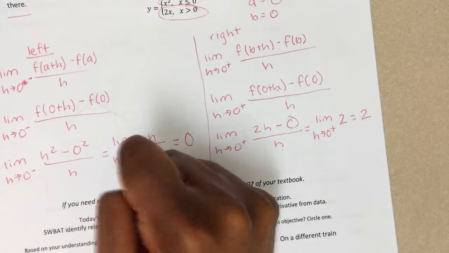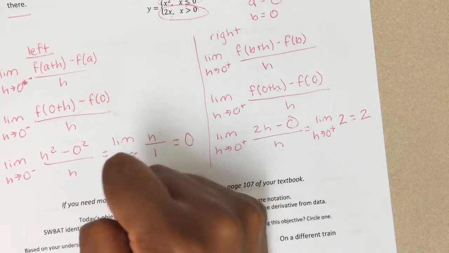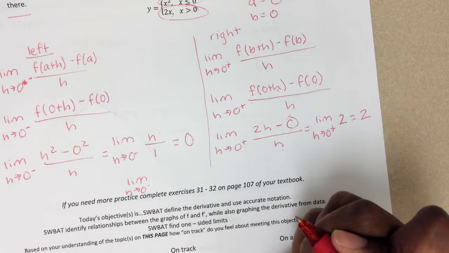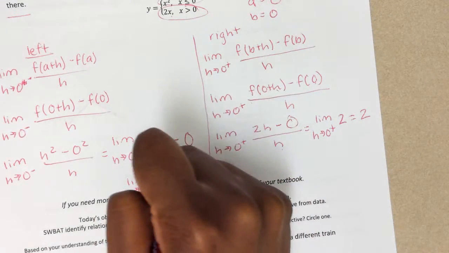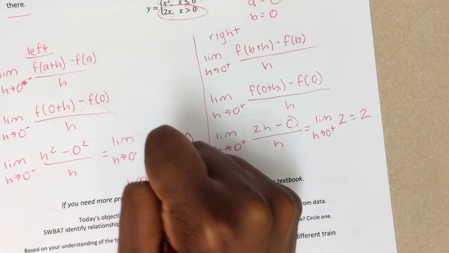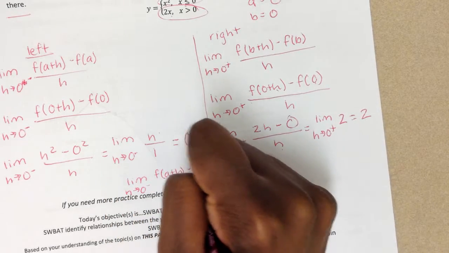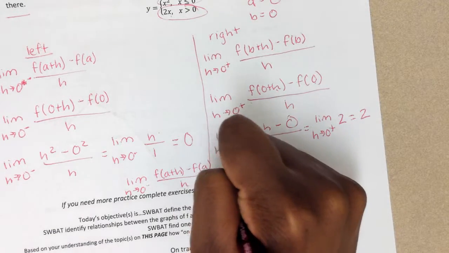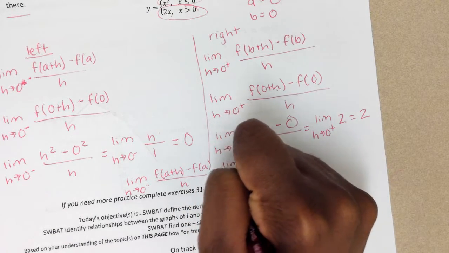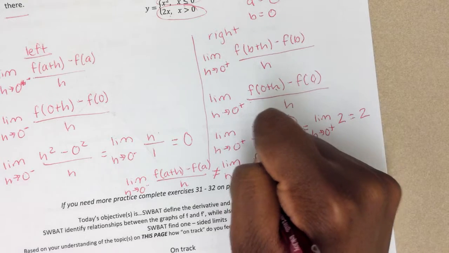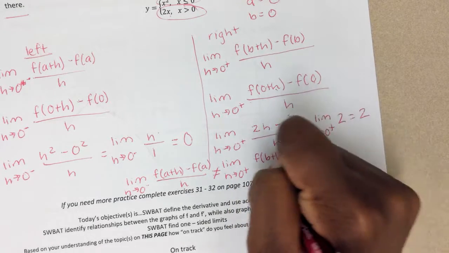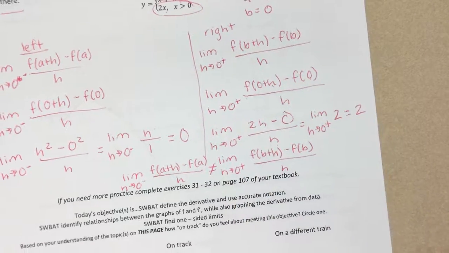So the limit as h approaches 0 from the left of f of a plus h minus f of a all over h does not equal the limit as h approaches 0 from the right of f of b plus h minus f of b all over h.